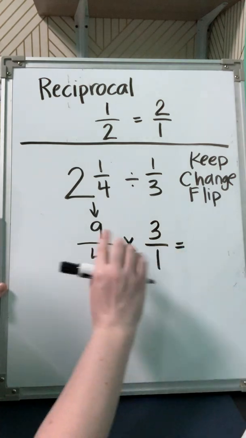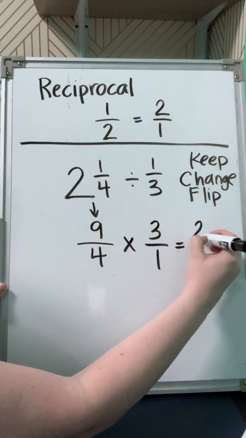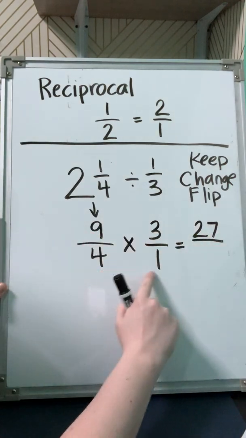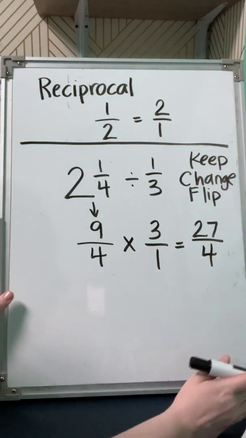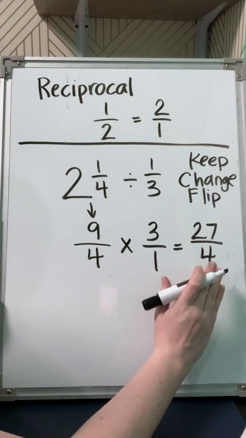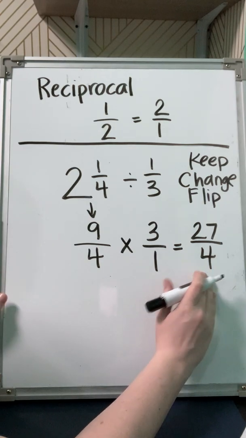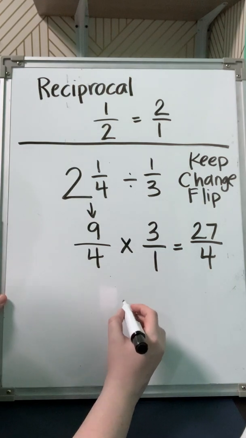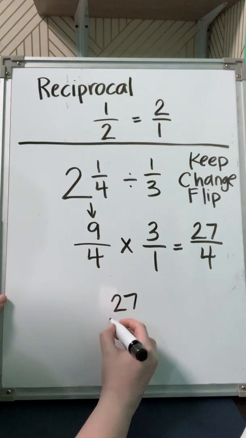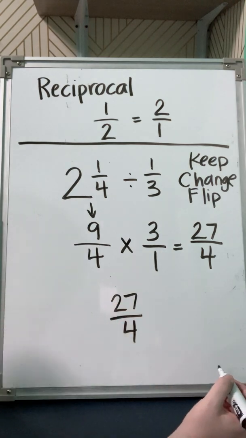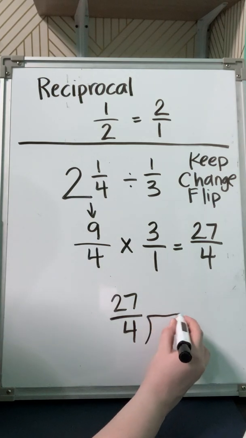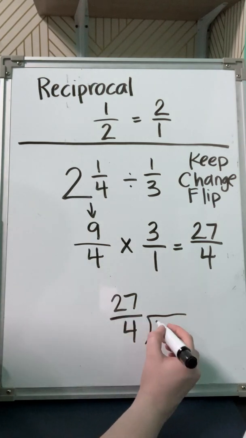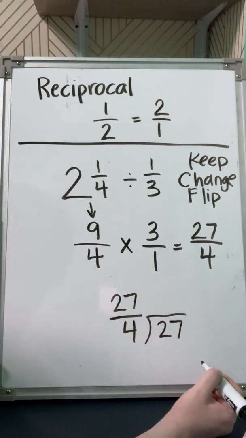Okay, so now 9 times 3 is 27. 4 times 1 is 4. So we end up with 27/4. So that is a correct answer, but we need to simplify it into a mixed number. So I'm going to move down here so I have a little bit more room. So I'm going to take 27/4. And in order to turn an improper fraction into a mixed number, we're going to draw our division bar here, pull our numerator inside, 27.